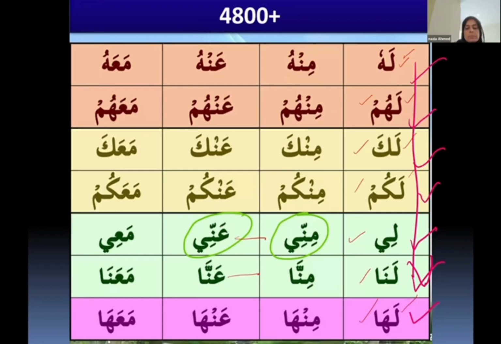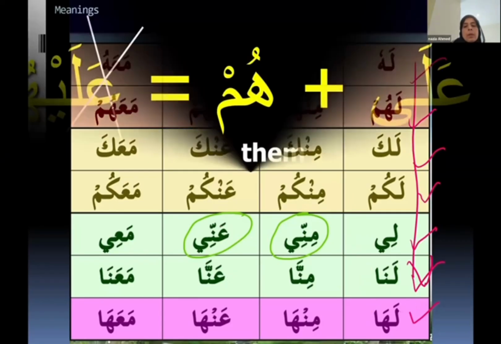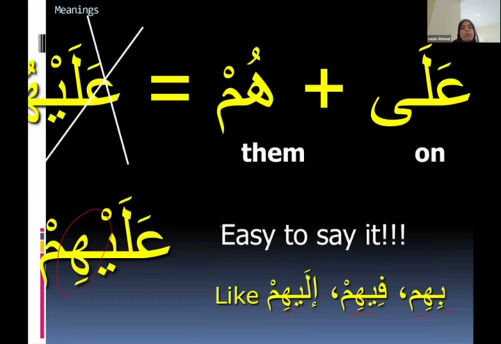Anna. So here, when we attach the prepositions with hum, as explained to you before, because ya has a friendship with kasra, this hum will change into him. So bihim because of bi. Remember I told you with bi it has kasra.